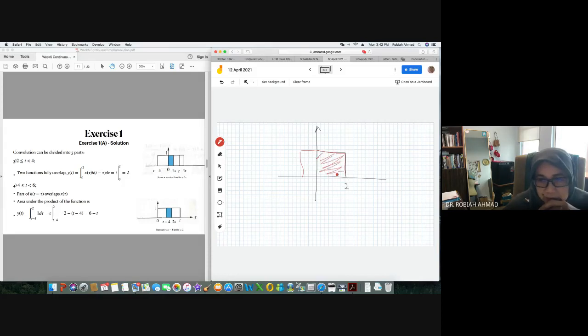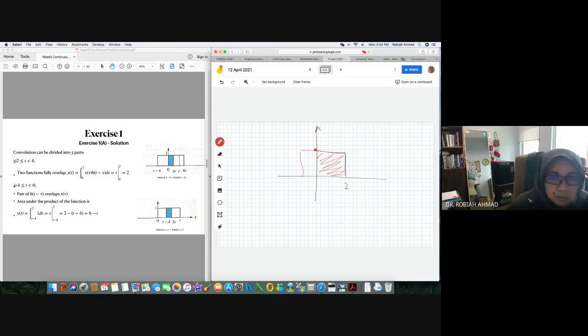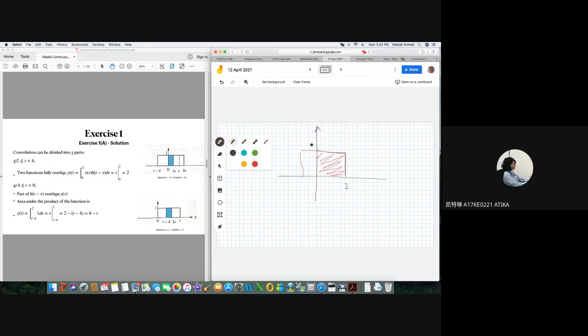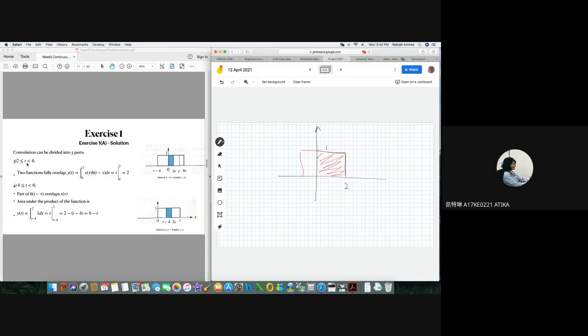This is case number 3. Doctor, just now the third condition is T equals to 1, right? Yeah, both equal to 1 because both of them have height 1. No, I mean the time. Number 3, time. No, the one that we did just now.